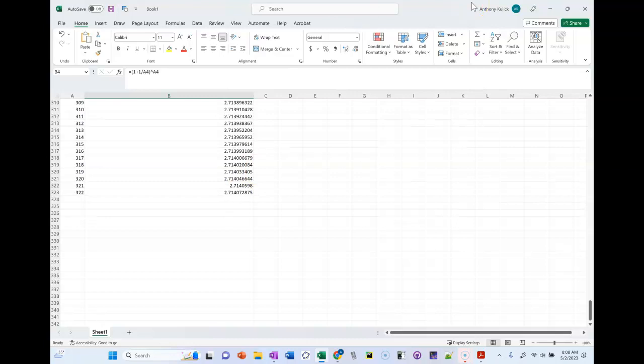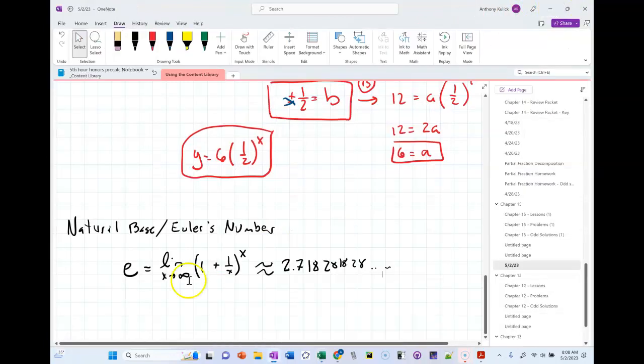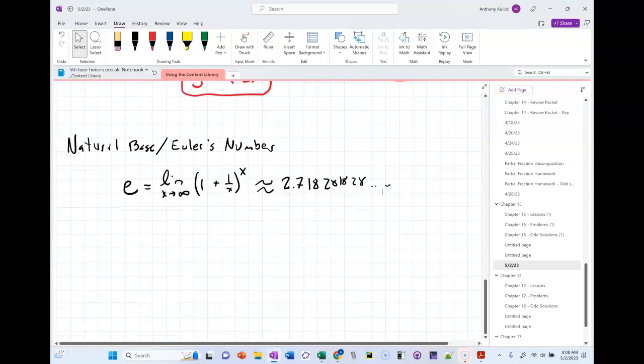It would never come out to the irrational number because you can't do that numerically, but it gives you enough to get a pretty good approximation. But certainly we can see this is slowing down, right? That it's getting closer and closer to some number. What that number is, I don't know. Well, I mean, we do know, but we can't tell from that. Okay.